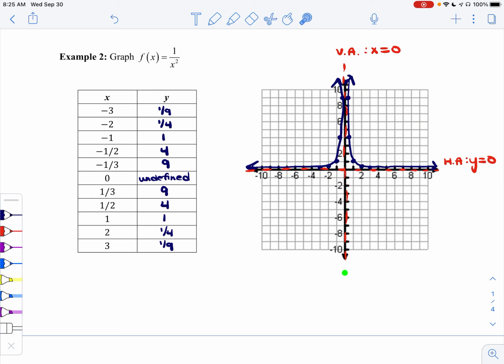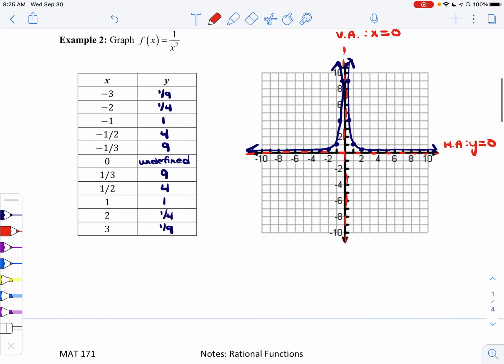The vertical asymptote is always where our function is undefined. Wherever our function is undefined on a rational function, we'll have a vertical asymptote. And again, our graph is going to be approaching that vertical asymptote. So in this case, as x approaches 0, our y values are either going to shoot up toward positive infinity or down toward negative infinity at any vertical asymptote.